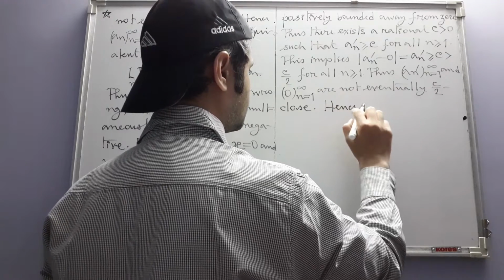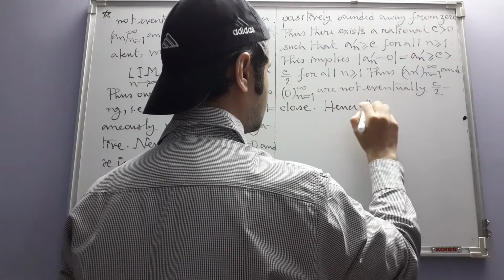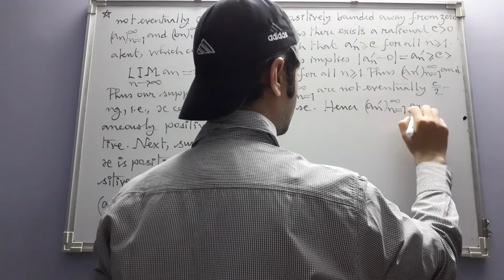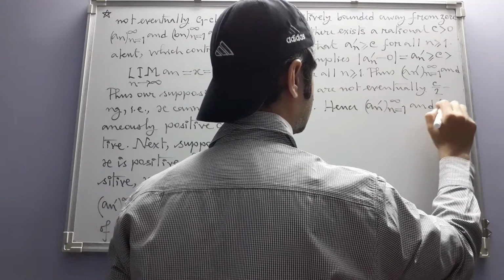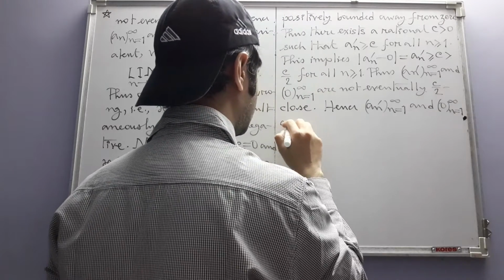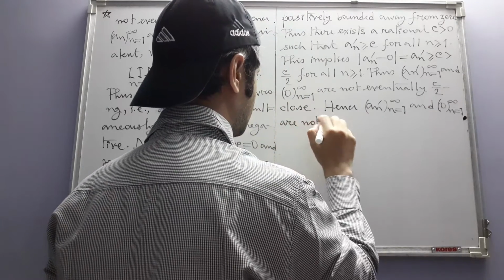Hence, an prime and the 0 sequence are not equivalent.